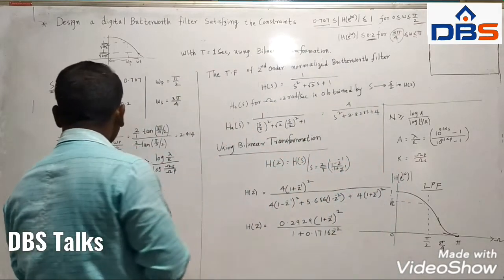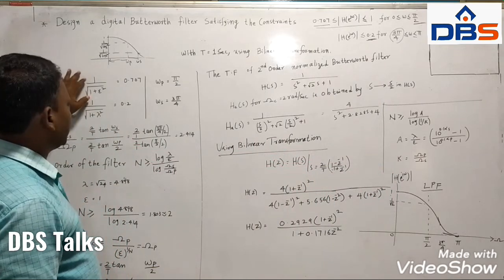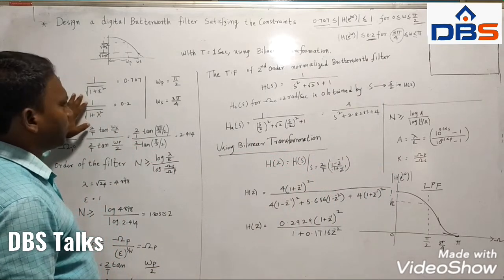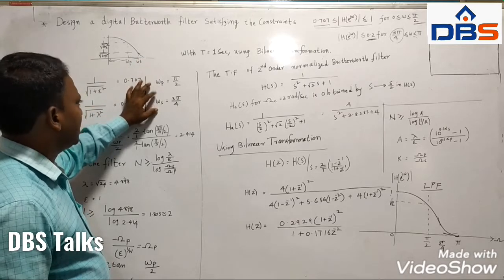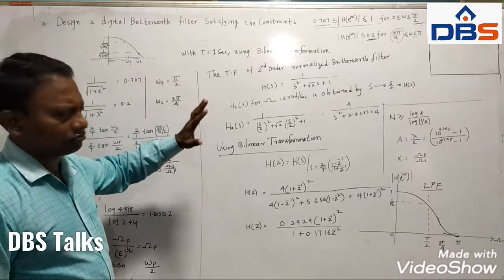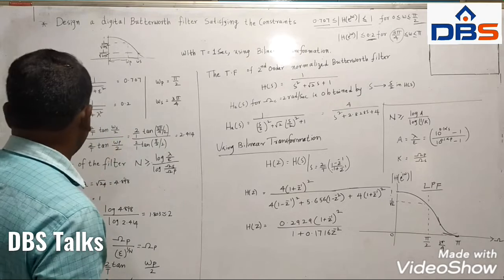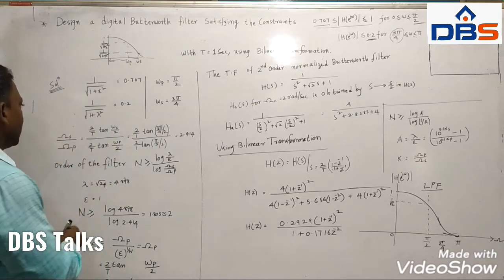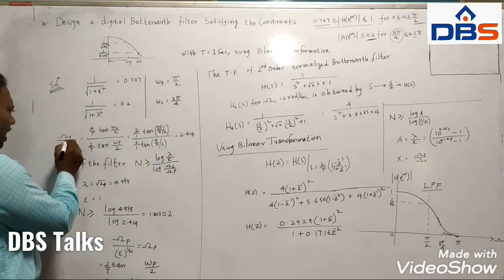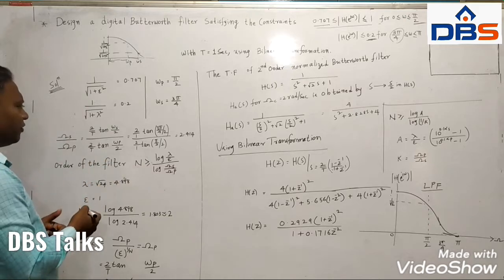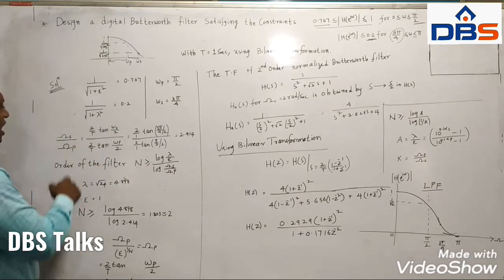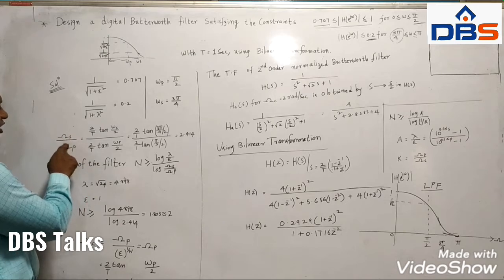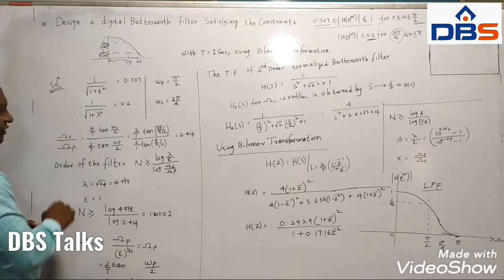Now we have 1 by under root 1 plus epsilon square, 1 by under root 1 plus lambda square, the pass band edge frequency and the stop band edge frequency. These are the parameters required to design the filter. Now we have to calculate the pre-warping frequencies, omega s by omega p. Omega s is the analog stop band edge frequency and omega p is the analog pass band edge frequency.